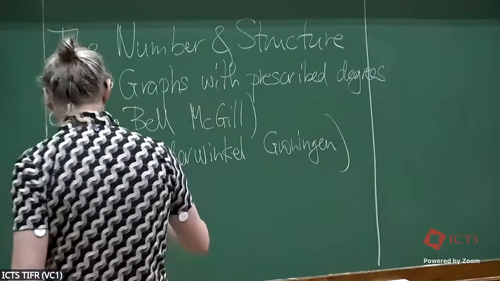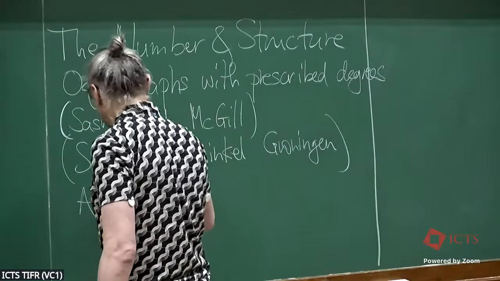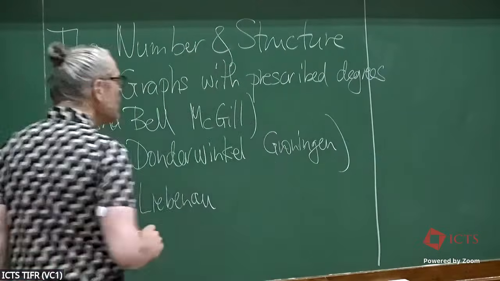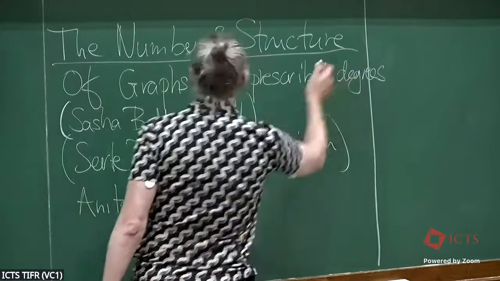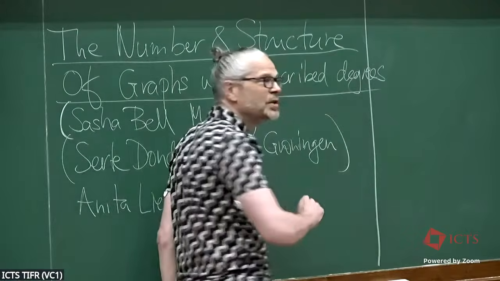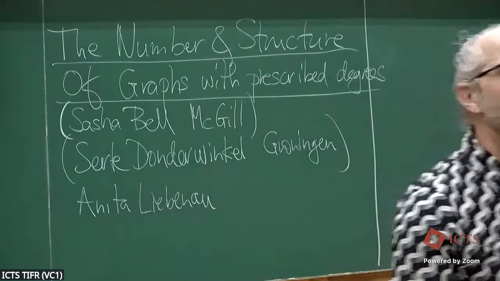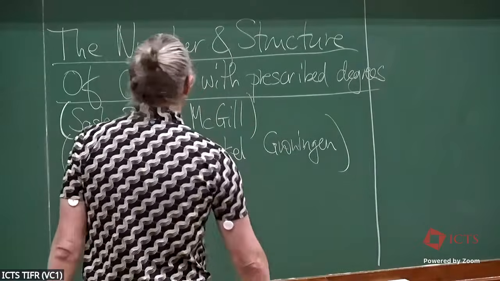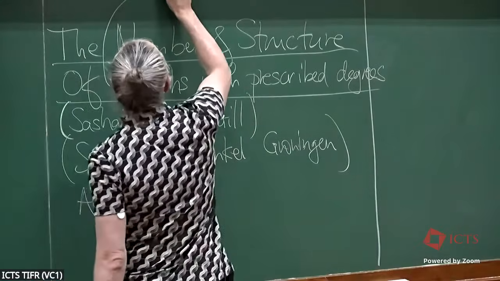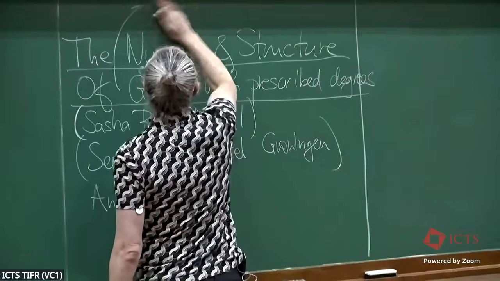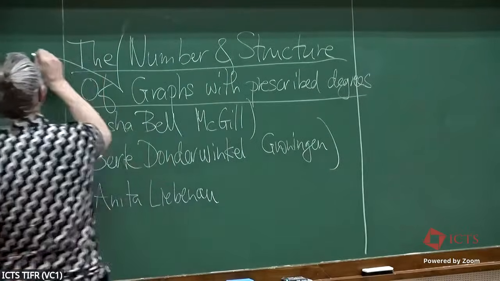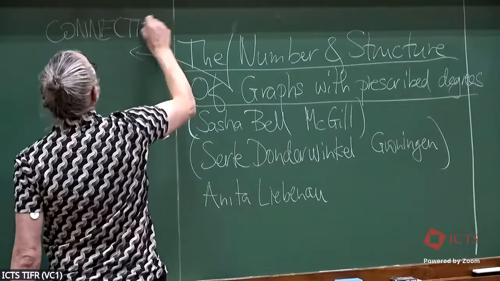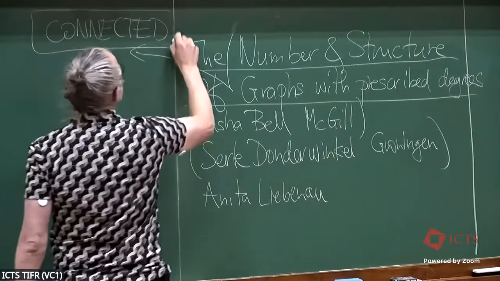We've seen a beautiful talk by Anita Liebenau, talking about the number of graphs with various properties, specifically focusing on the degrees. The additional thing that I'm adding here is that we're talking about connected graphs.